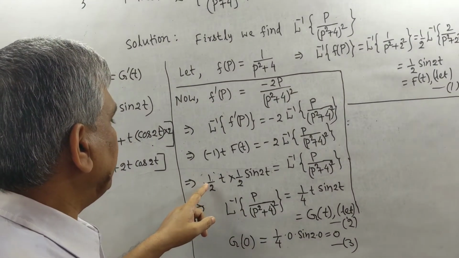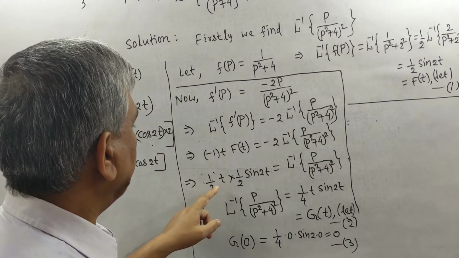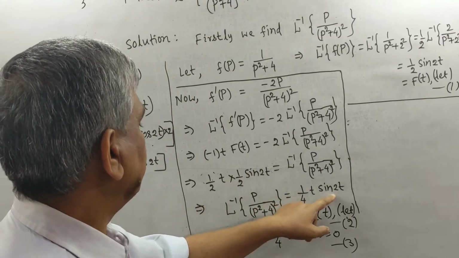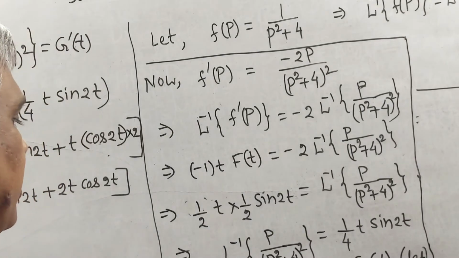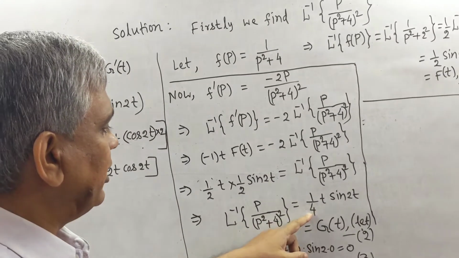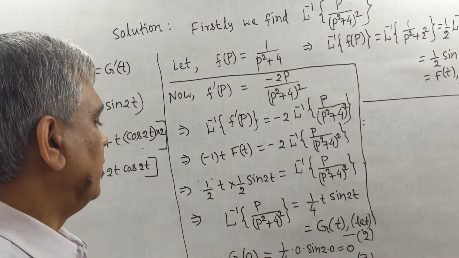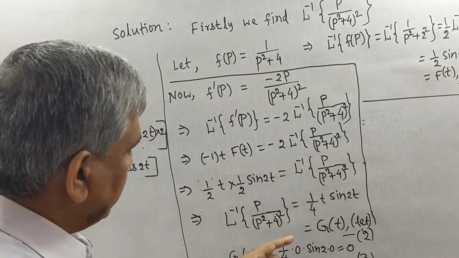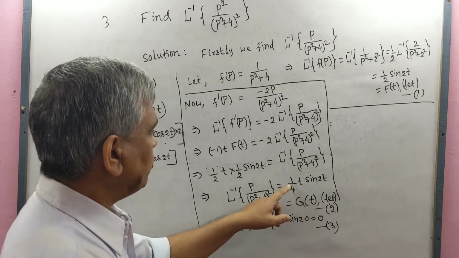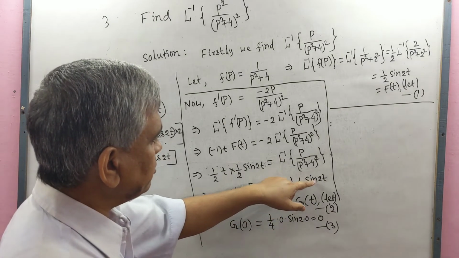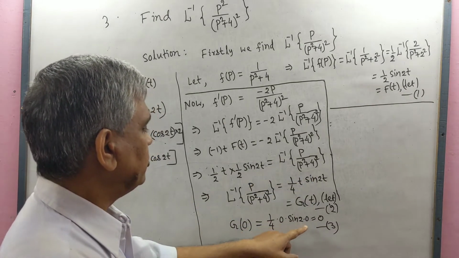So this becomes 1/4 t sin 2t. This is L inverse p/(p square + 4) whole square on the left side. Let this value be g(t). G(0), putting t equal to 0, we get 1/4 into 0 into sin 2 into 0. This is 0.